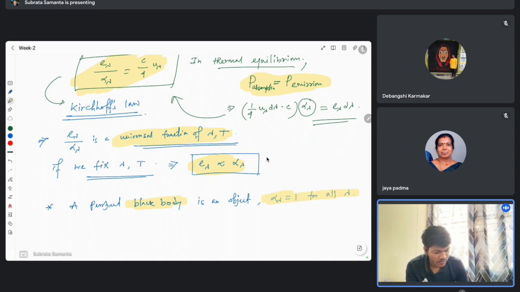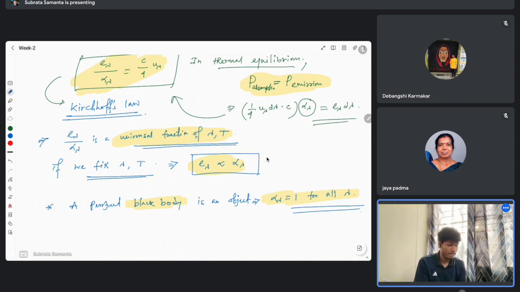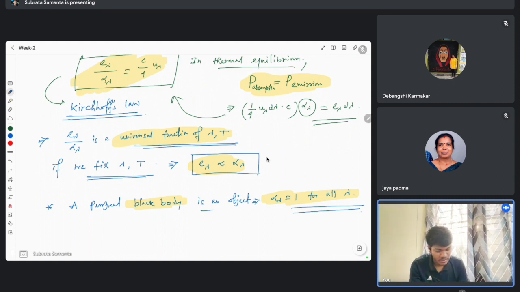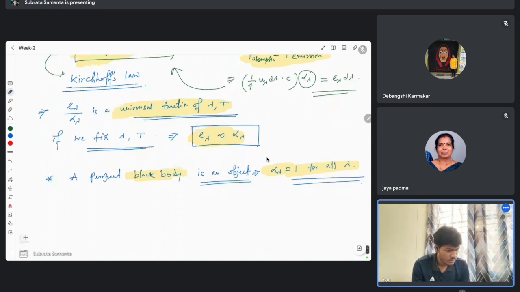That is called the perfect black body, and the radiation from this kind of object is called black body radiation.